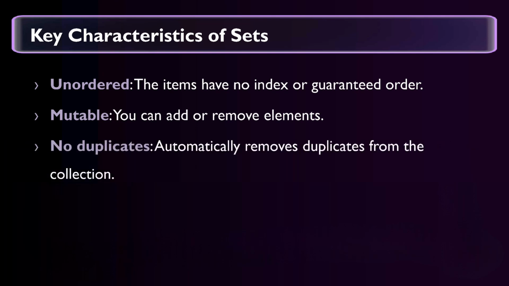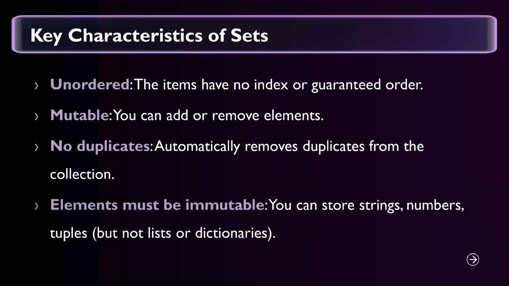Third, sets do not allow duplicate values. If you try to add a duplicate item, it will be automatically removed. This makes sets a great way to filter out repeated data from a collection. And finally, elements stored in a set must be immutable.